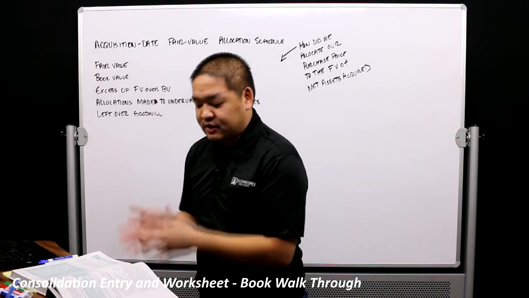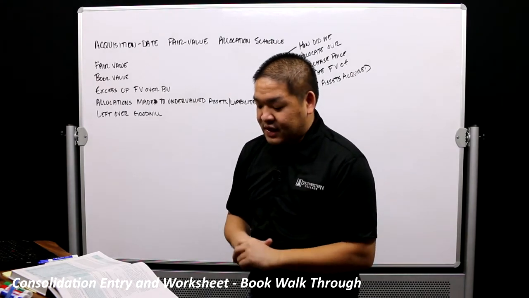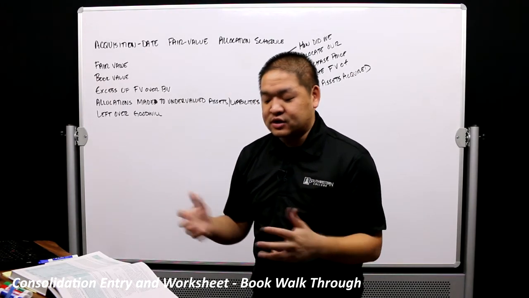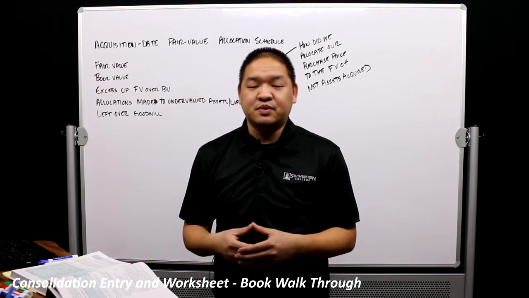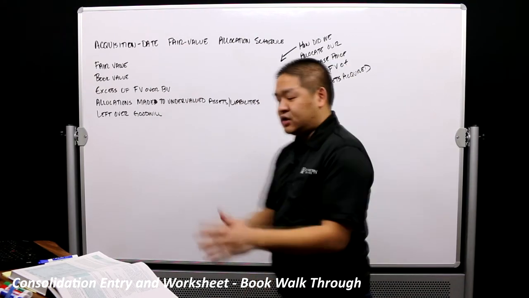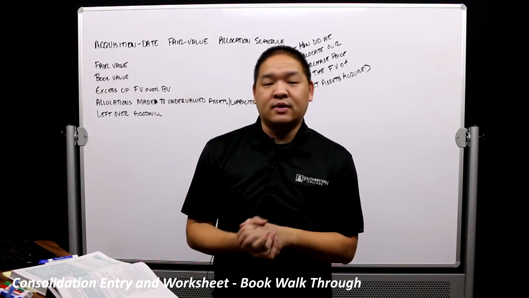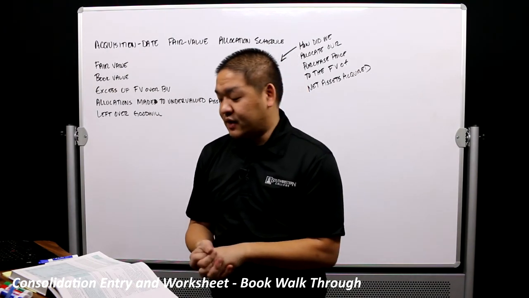And how do we get those numbers? We get those numbers from step 1, which is that table on page 56. That table starts with fair value and then goes to how we allocated that $2,620,000 purchase price. So that gives you an overview of the worksheet. I didn't want to put that on the board, but since you have your book, it's kind of easier to walk you through that. So if you have any questions, let me know, but that should get you through the rest of this chapter.